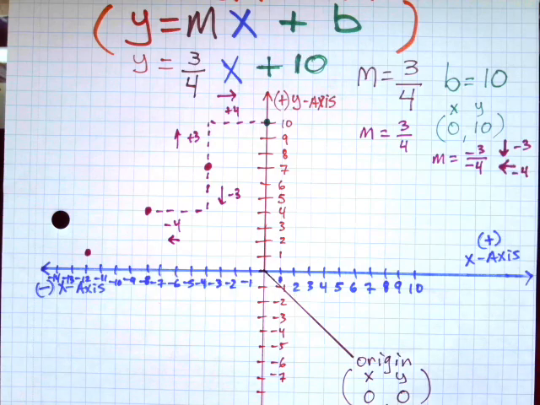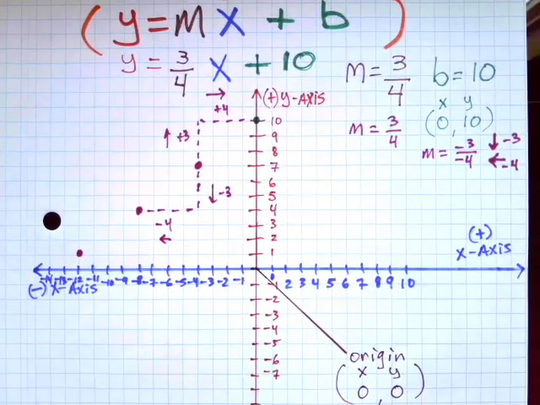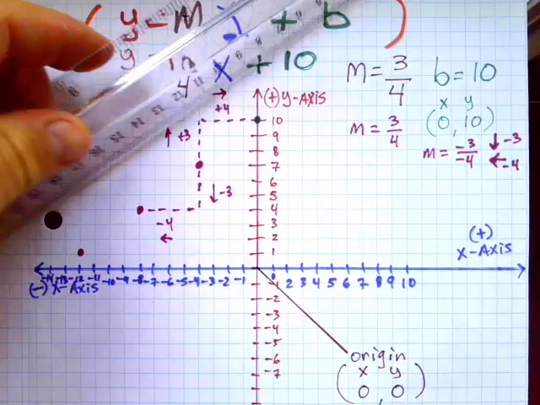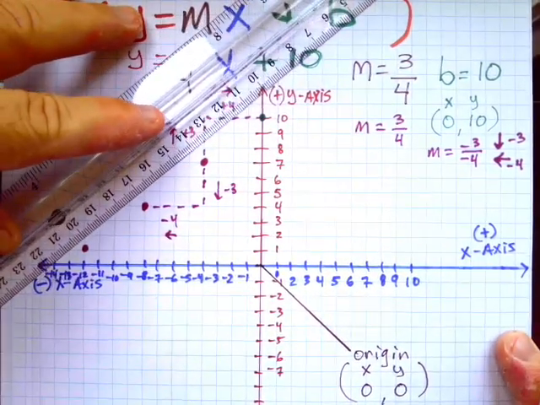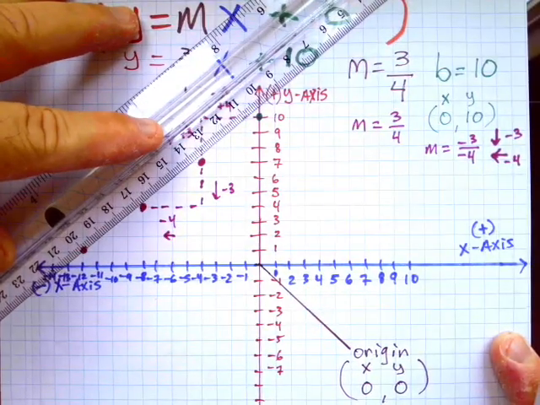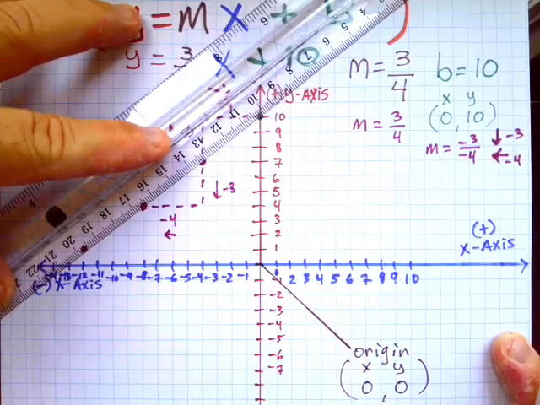All right, let's connect those ordered pairs to finish off the graphing of this linear equation, y equals 3/4 x plus 10. I'll do my best to line these up. If you draw these ordered pairs big enough, you'll always have a straight line going through them.